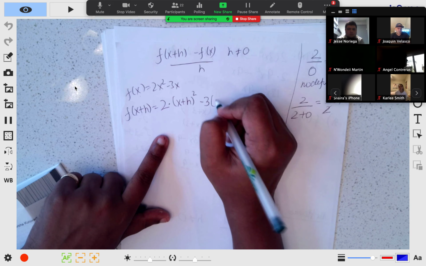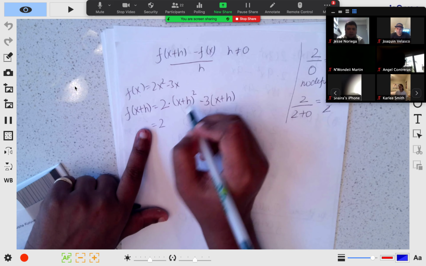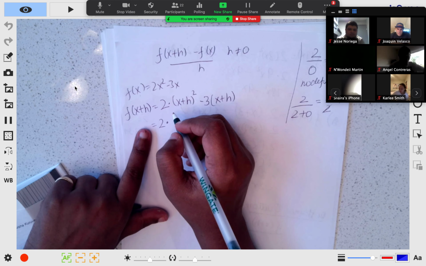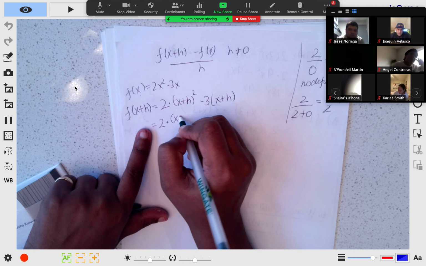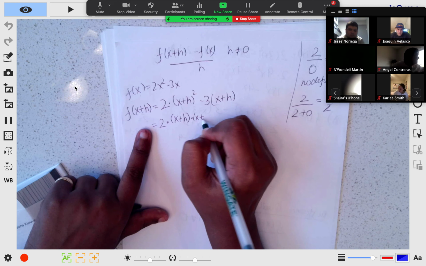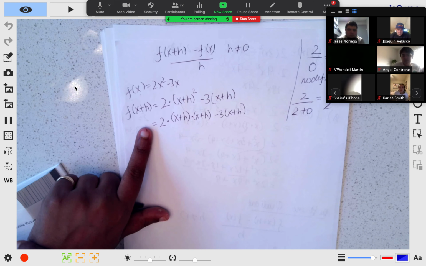Yes, perfect. Now, what does (x plus h) squared mean? 2 times (x plus h) and then parentheses (x plus h) close parentheses. That's what you're trying to say, right? Okay. How do I solve this?